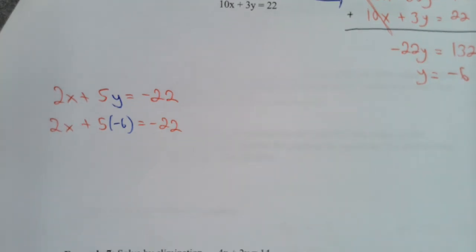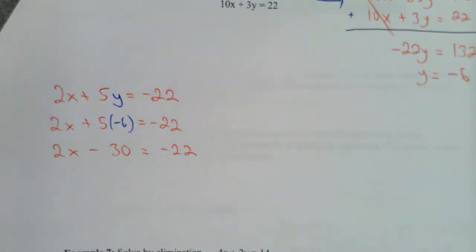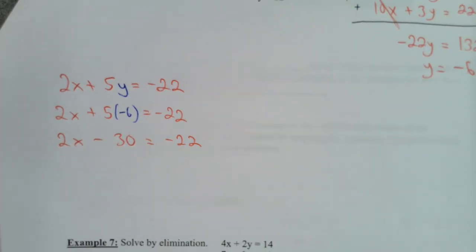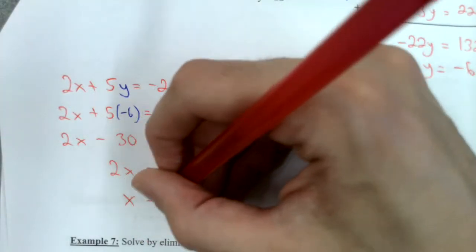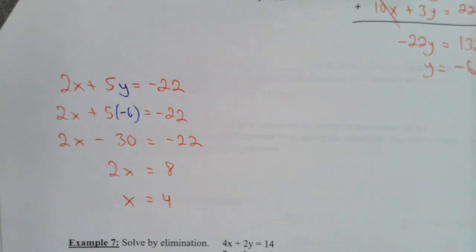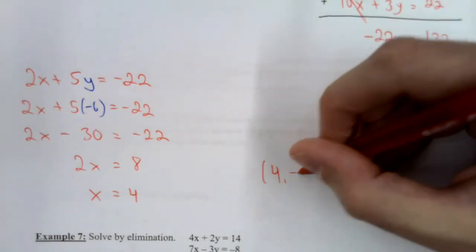Solve for x. 2x minus 30 equals negative 22. Add 30 to each side. 2x equals 8. And x equals 4. So the final answer is 4, negative 6.